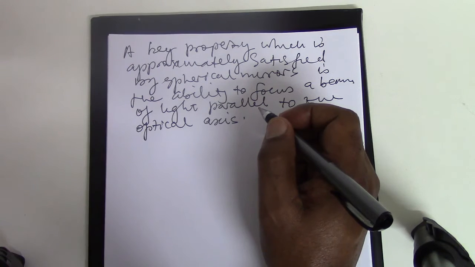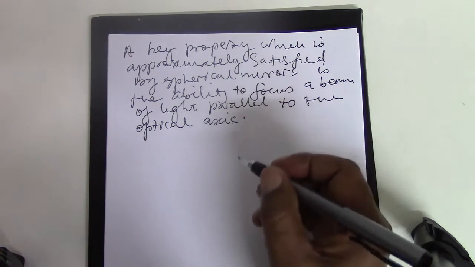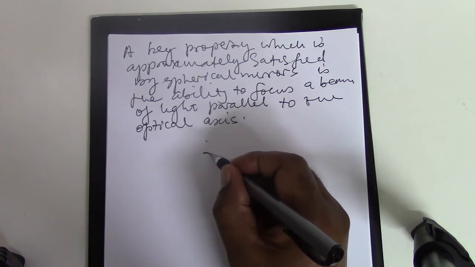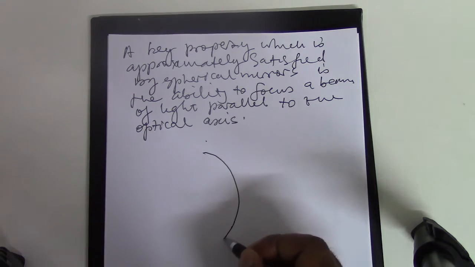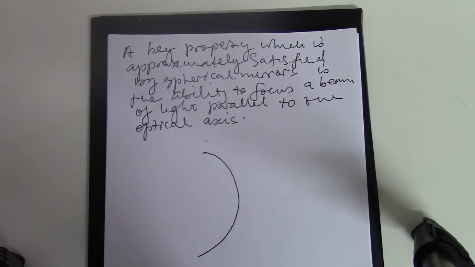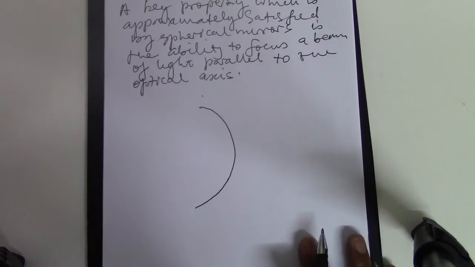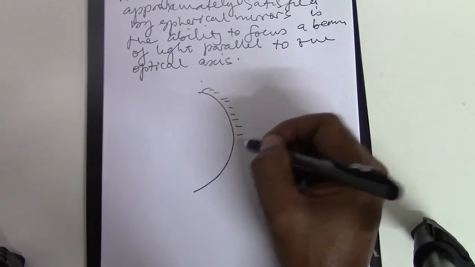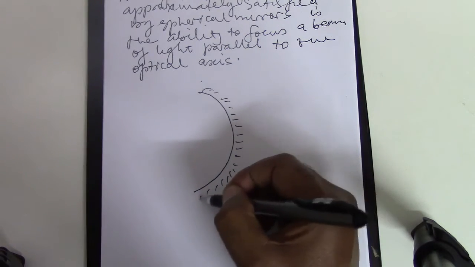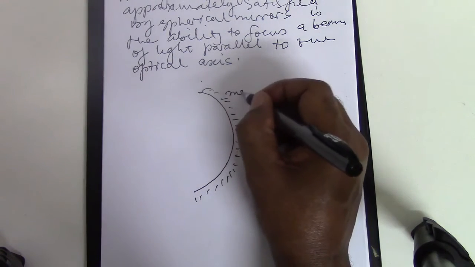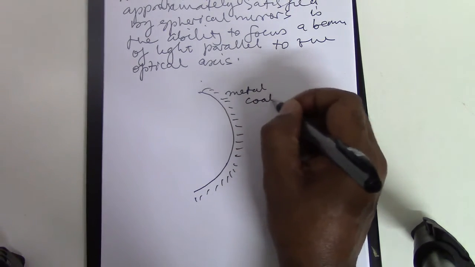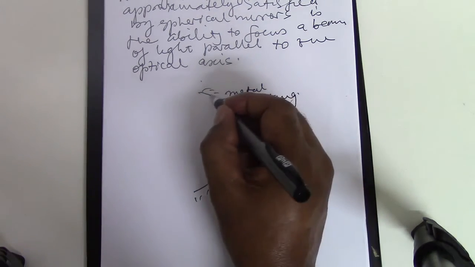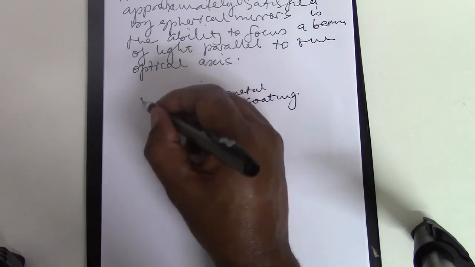Now, diagrammatically, we can represent the concave mirror by this curved section, and this side is where the metal coating is. Metal coating on this side, and this side is the reflective side.